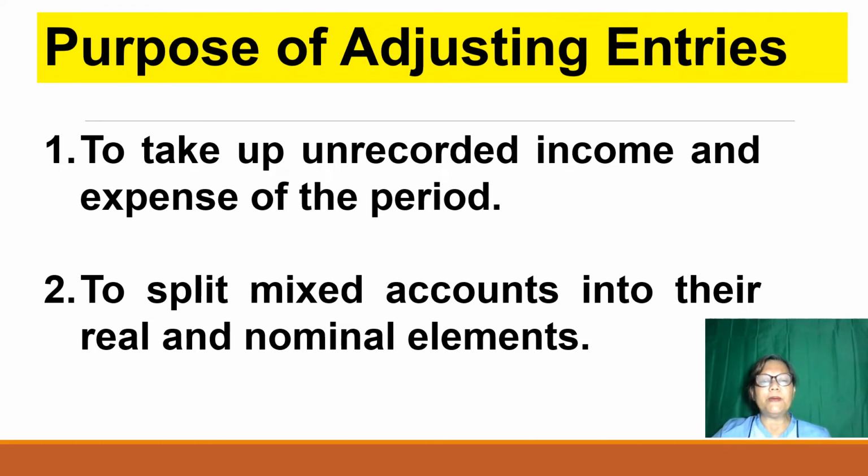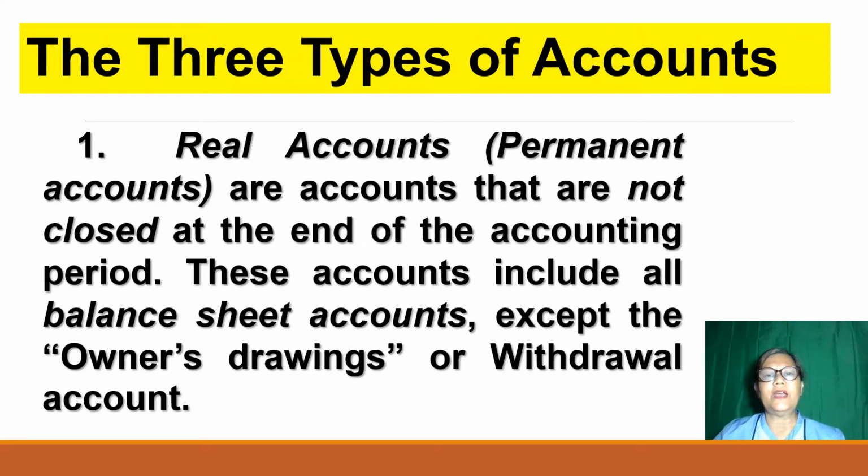Number two is to split mixed accounts into their real and nominal elements. And I think you still remember the meaning of real accounts and nominal accounts. The three types of accounts. Number one, real accounts or permanent accounts.